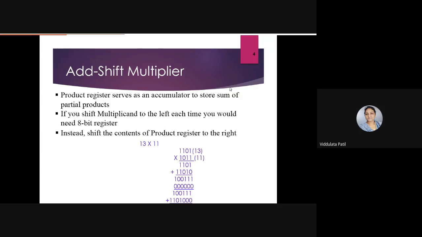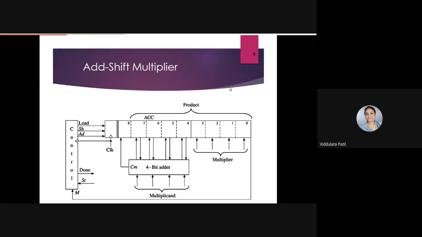Actually, in the partial fraction method we shift to the left. Instead, we shift the contents of the product register to the right. So in the add and shift multiplier we are going to use an accumulator register.